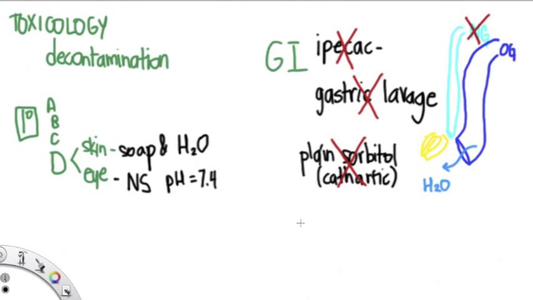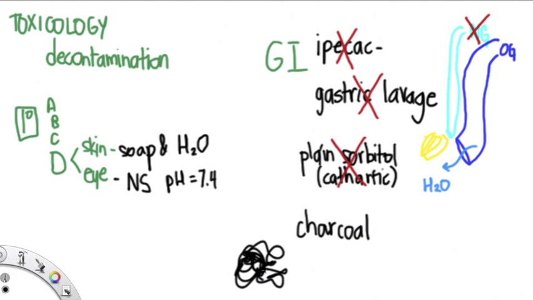Alright, how about charcoal? Charcoal has a large surface area and it's very absorbent. So there's lots of places on there for drugs to kind of stick to it and then poop it out. Now, charcoal is very effective, but it can decrease bowel motility and cause eventually a bowel obstruction.